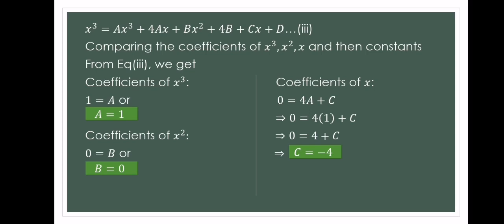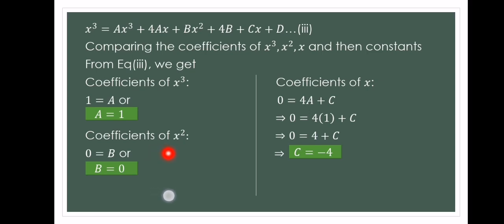Comparing the coefficients of x cube, we get 1 is equal to a. Since the coefficient of x cube is 1 on the left and on the right hand side we have only a as the coefficient of x cube, no other term including x cube, the value of a is 1.